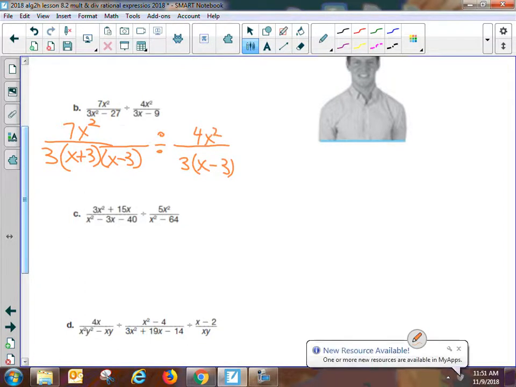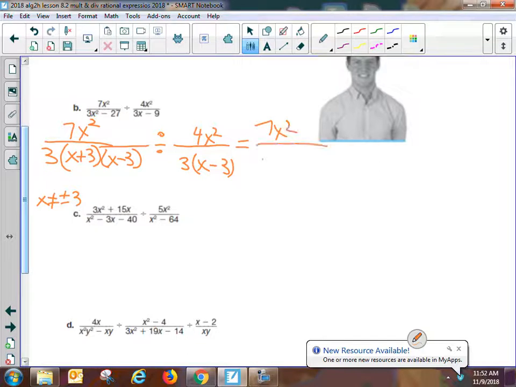Okay, so with what I have so far, I'm going to name my restriction. So I see a restriction of x cannot be what? Awesome. Everybody with me so far? Which piece are you flipping? Good. The second one. So if I flip the second one, that was because I was wrapped up.